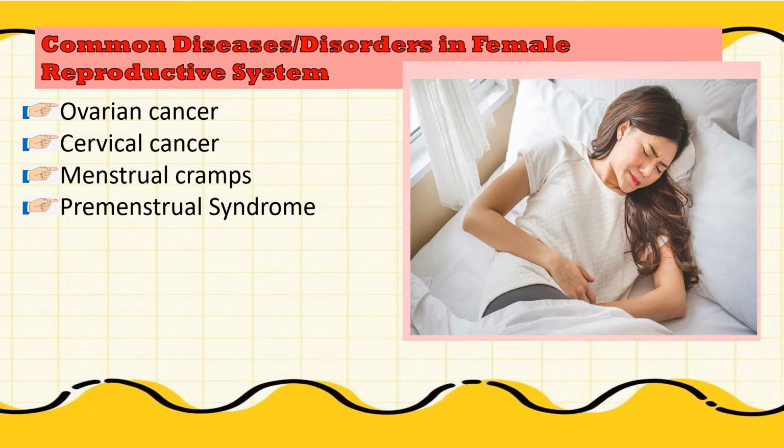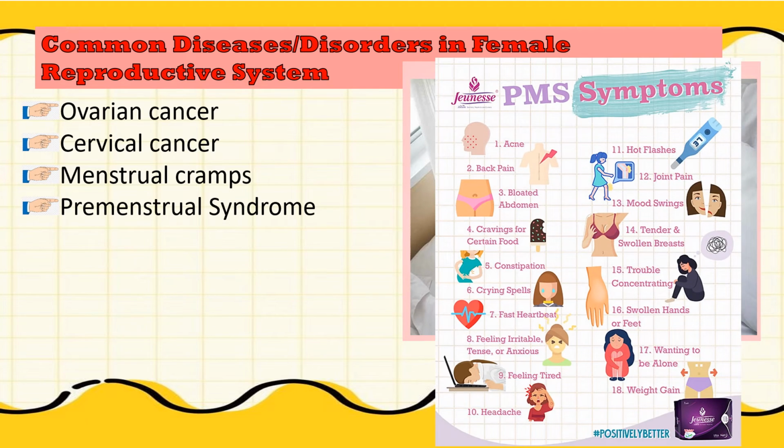Then we have premenstrual syndrome or PMS. These are symptoms of PMS: acne, back pain, bloated abdomen, craving for food, constipation, crying spells, fast heartbeat, feeling irritable, feeling tired, headache, hot flashes, joint pain, mood swings, tender breasts, trouble concentrating, swollen hands, wanting to be alone, and weight gain.